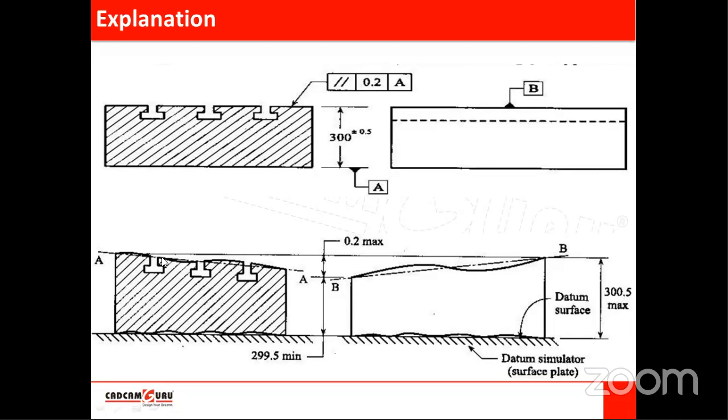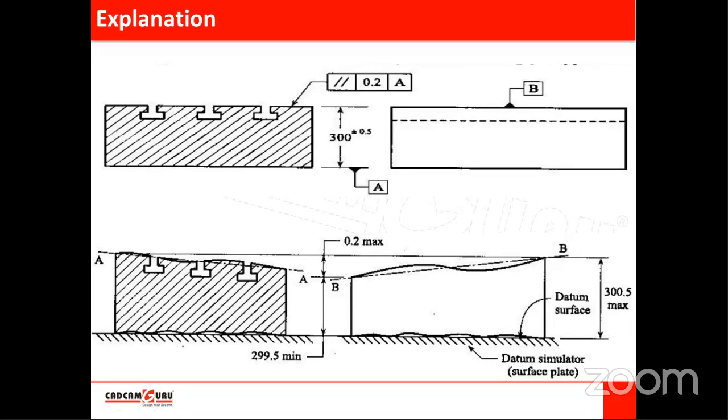In the front view we can see this is the orientation of this surface, and in the side view this one is the orientation. The higher point might be in the front view or side view, any view. So we have to locate those high points and low points, measure the heights with respect to the datum, and the difference between high point and low point should not be more than the permissible deviation.